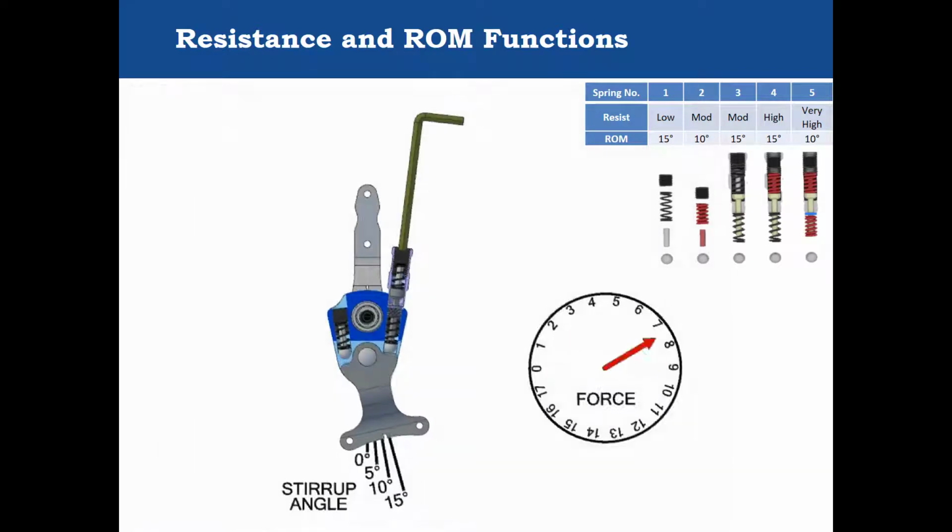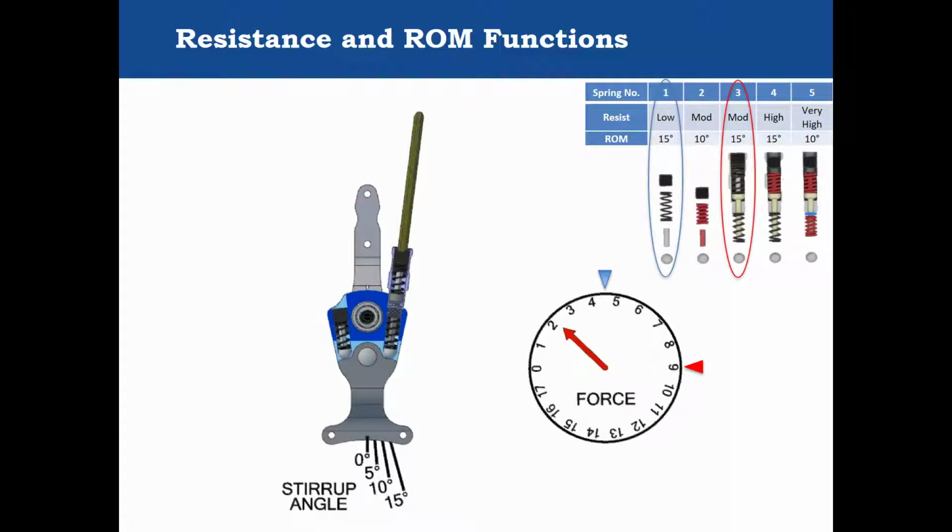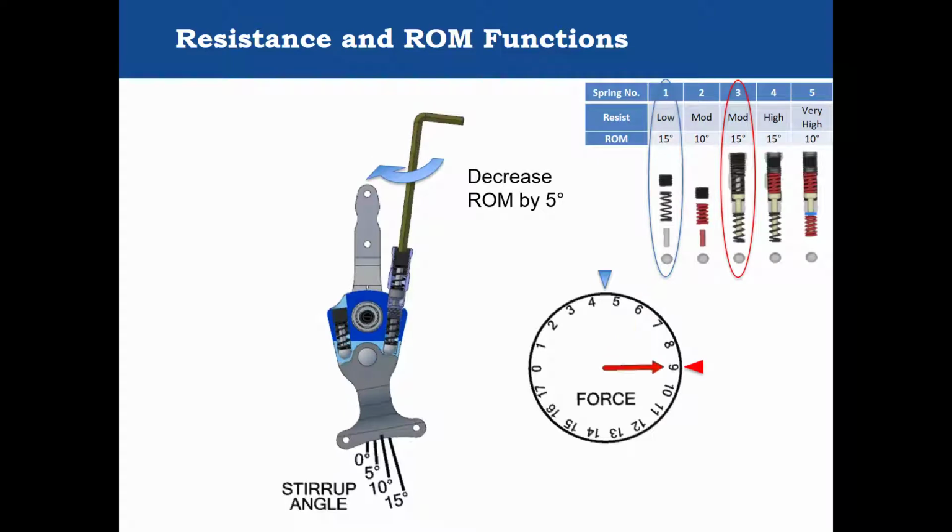When booster spring number 3 is installed, the maximum force exerted is twice the amount of spring number 1. Rotating the adjustment screw one full turn clockwise decreases the range of motion by 5 degrees, but again does not affect the maximum force.